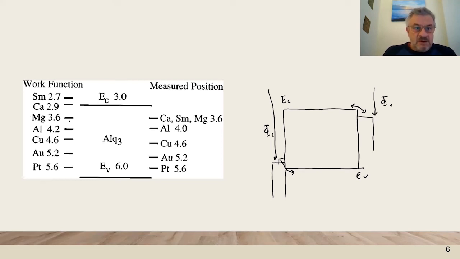But we have to remember that when the material is applied to the semiconductor, there can be formed a dipole layer modifying the position. So to the right, we see that calcium is around here, but then we apply it to the semiconductor and we have this value. It has changed significantly. We can see also that calcium and magnesium have the same energy level here. And this is because the contact does not depend on the work function, and this is called the pinning of the Fermi level.